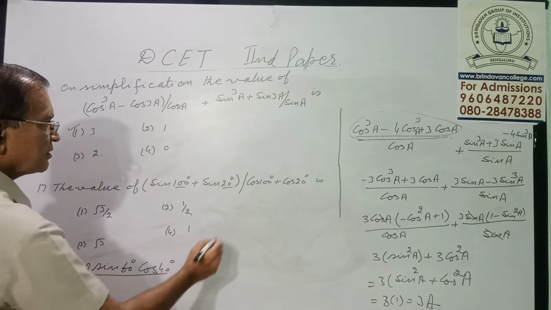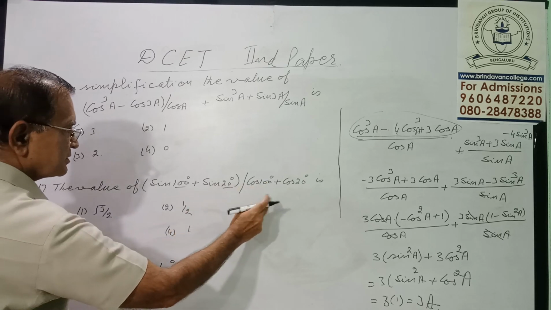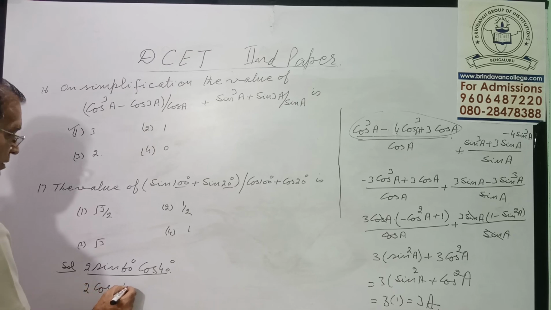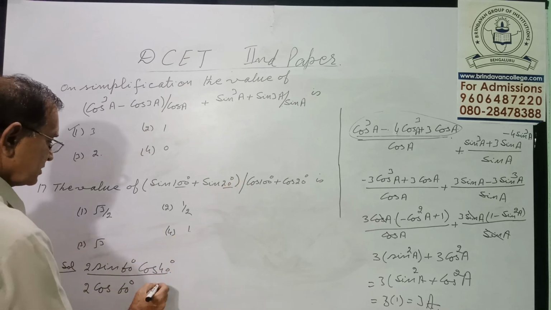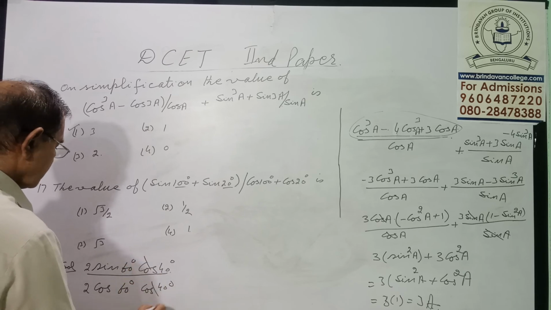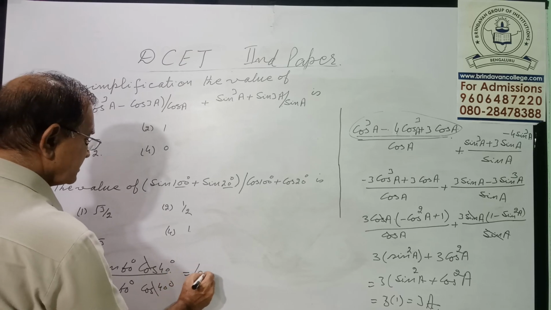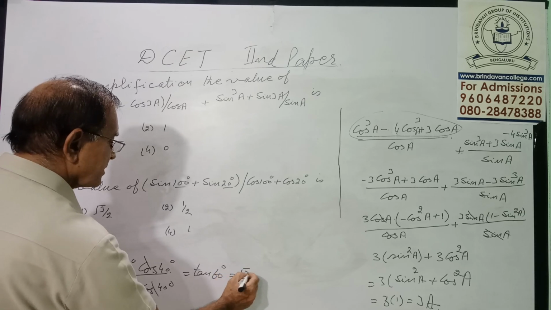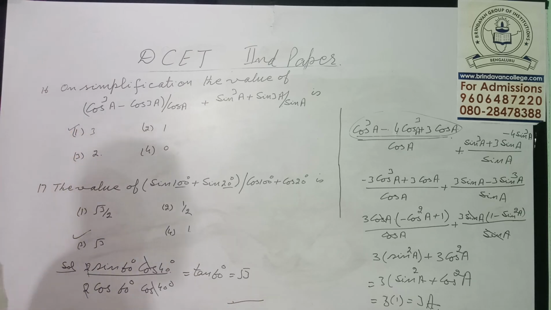In the denominator, 2 cos (C plus D) by 2 and cos (C minus D) by 2, that is 40. The 2 we can cancel, cos 40 cancels. So 60 will come out to be tan 60. Value of tan 60 is root 3. So thus it is the third option. Like that you can do the sum.